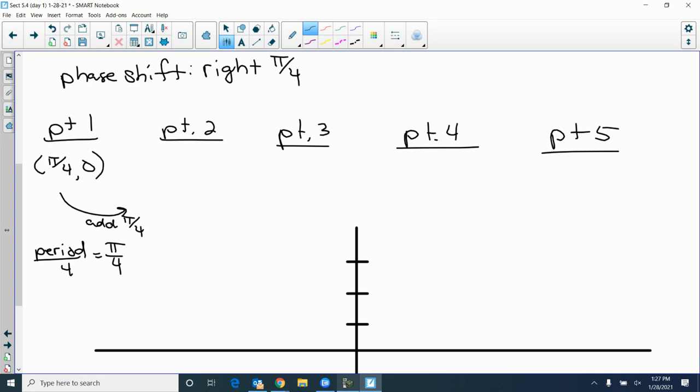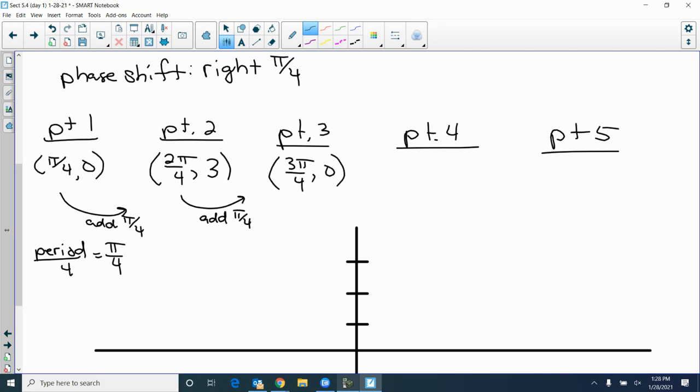Well, pi over 4 plus pi over 4 is 2 pi over 4. I'm not going to reduce it here. I'll reduce it on the x-axis. What's going to be the value of the y-coordinate? Well, since it's been stretched to 3, it's just going to be a value of 3. And then I'm going to add another pi over 4. And that's going to take me to 3 pi over 4.